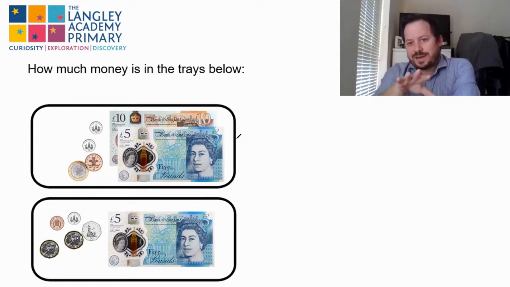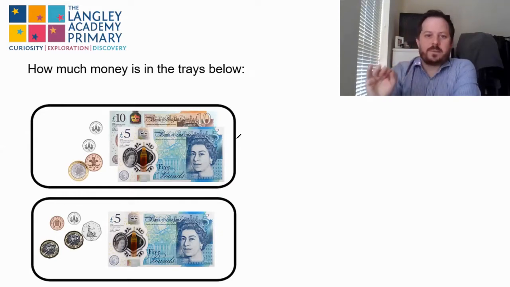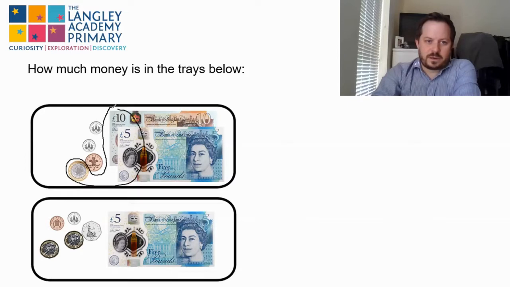So looking in our first tray, what we need to know is which ones of these represent pence and which ones represent pounds. So the pounds we have are these ones here. We have a £10 note and a £5 note and a £2 coin.